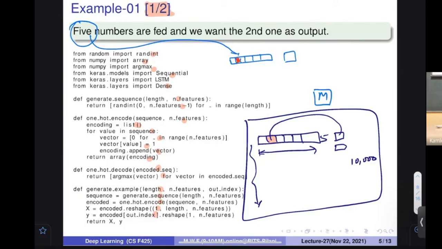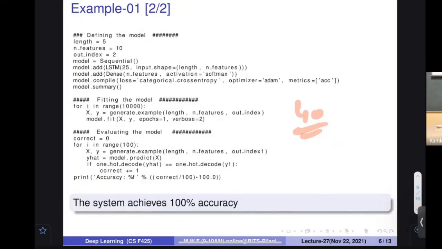Now, have I told it anything about how to find this value in this particular setting? No. So how can it find this answer? Because if I provide you this vector and ask you for this output, there could be multiple ways, since multiple functions exist that take all these values and give you this output. But this program actually shows that with 100% accuracy, LSTM was able to figure out that it need not go for any function.